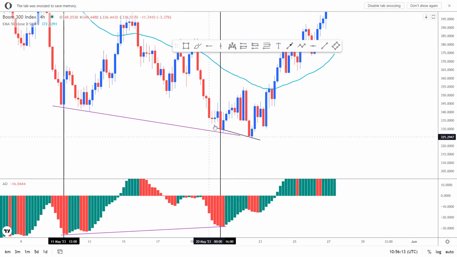As you can see, we had this low, we had this swing high, and then we had a lower low from the 4-hourly time frame.